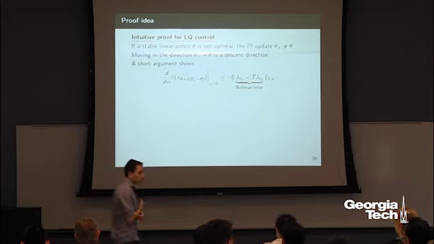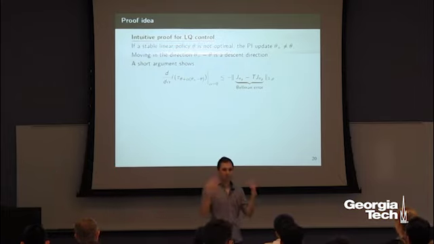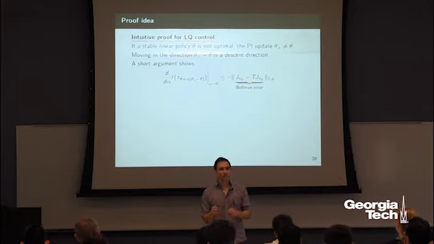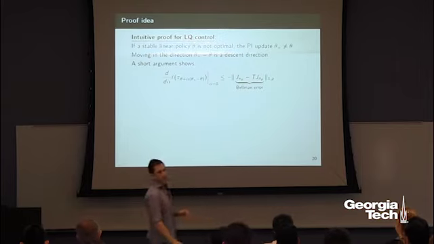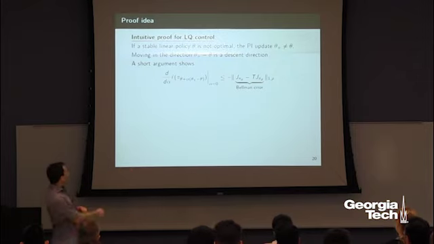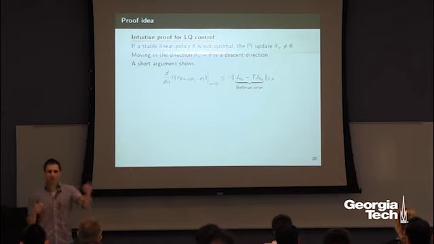Now I want to show that the loss function has no suboptimal stationary points. In order to do that, all I have to do is exhibit a particular descent direction, a direction of local improvement. So the natural candidate is to move in the direction of the policy iteration update.